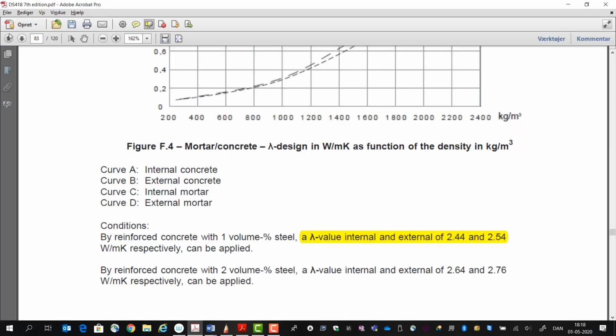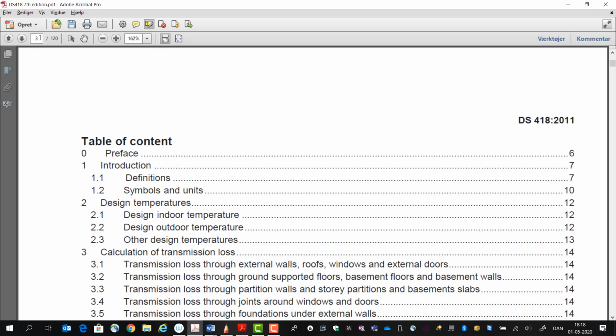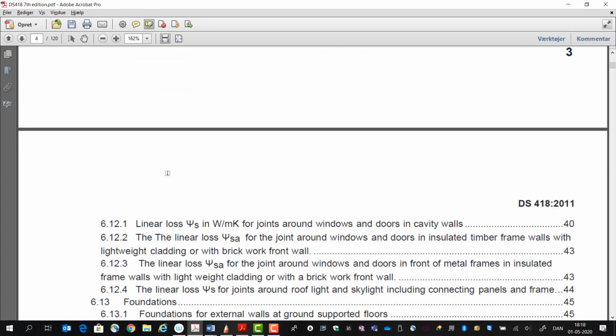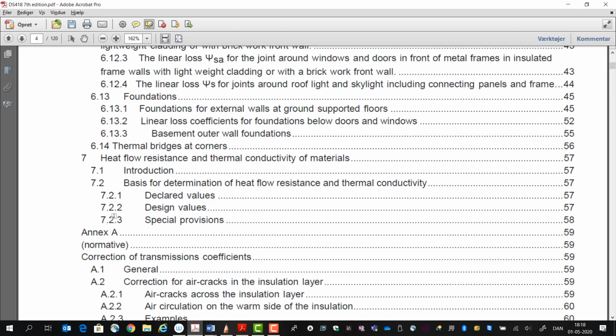If I go to table of contents, page 3, and scroll down, here we have in chapter 7.2.2 design values. So we go to page 57.